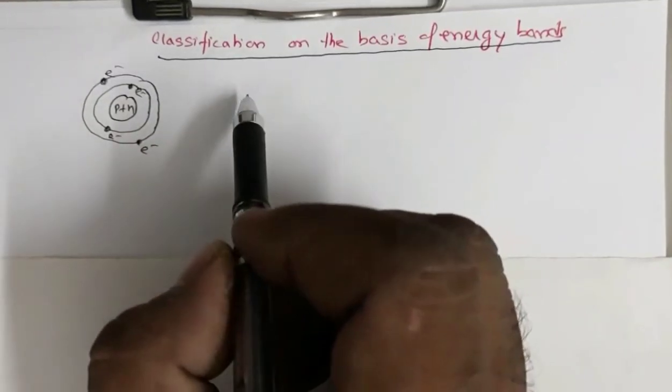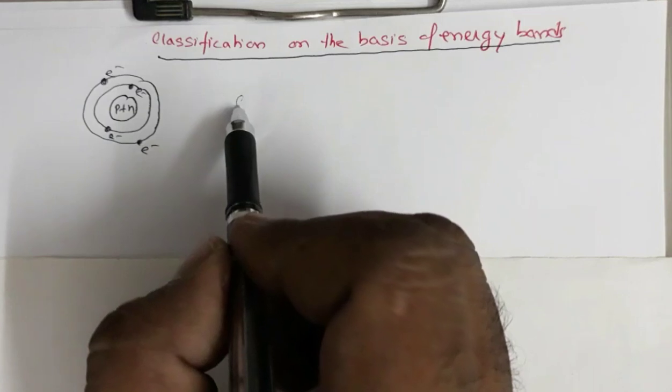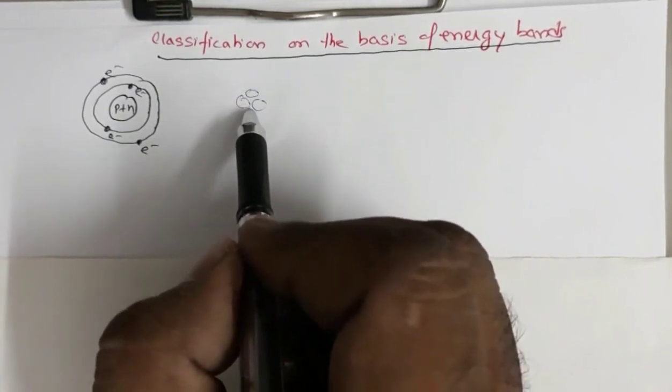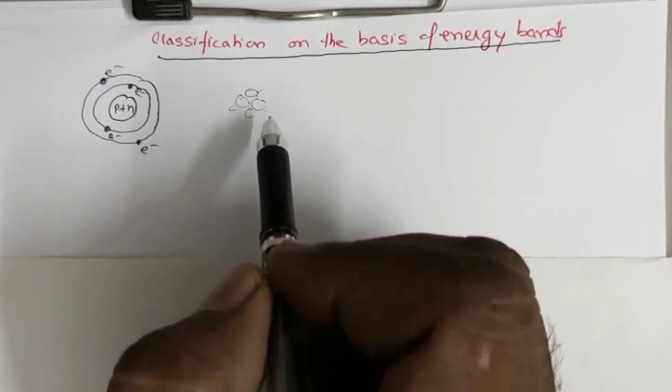But what happens in a solid? In a solid the atoms are very closely fused. There is almost no space between the atoms.